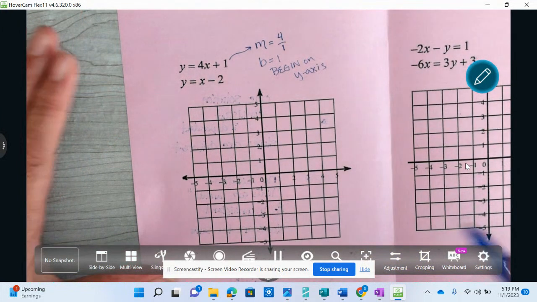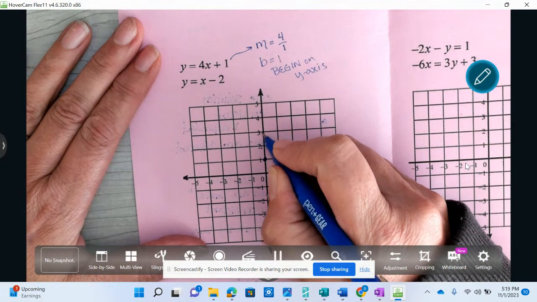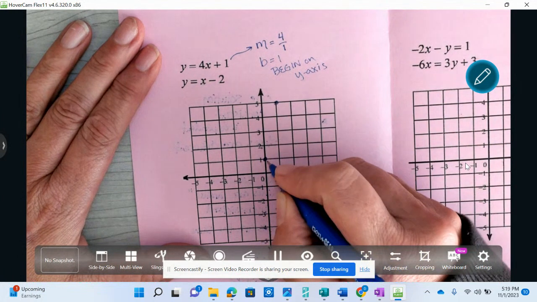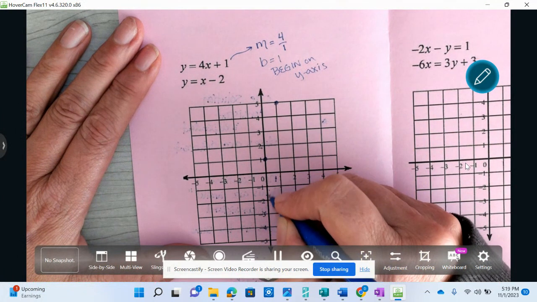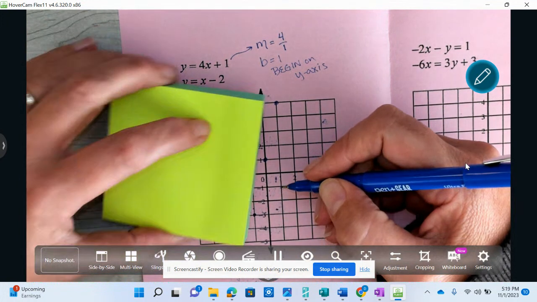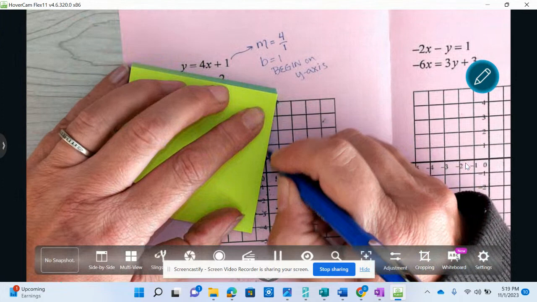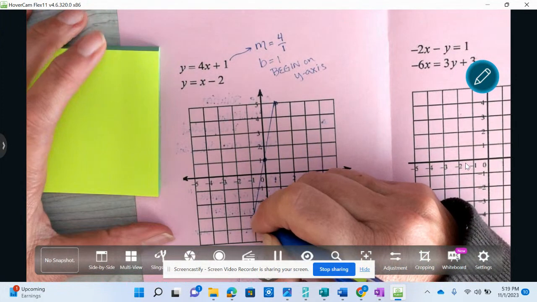So I'm going to begin at positive 1. And then I'm going to count up 1, 2, 3, 4 over 1. Or I could count down 1, 2, 3, 4 to the left 1. So my first line looks something like this.